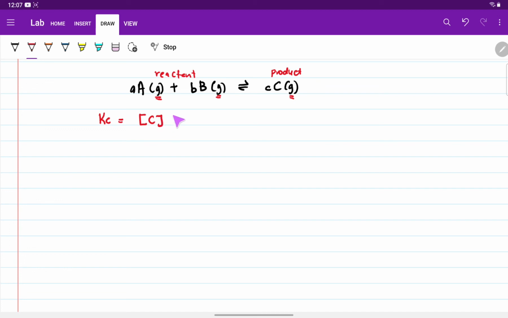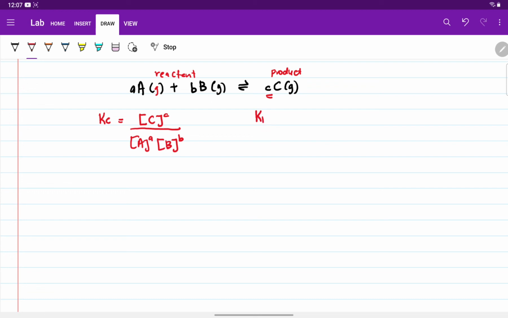Concentration of C to the power of c dekat sini. Kemudian, over, concentration of A to the power of a times concentration of B to the power of b. So, ini adalah Kc expression.